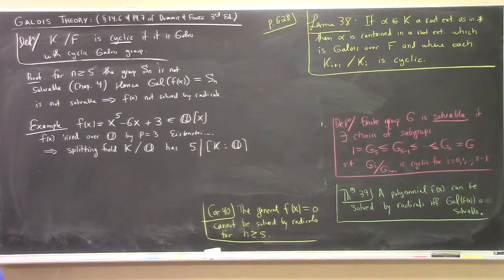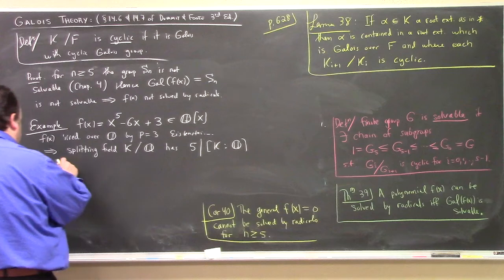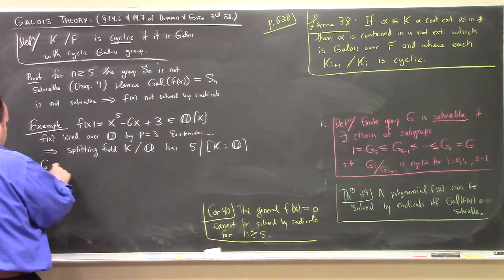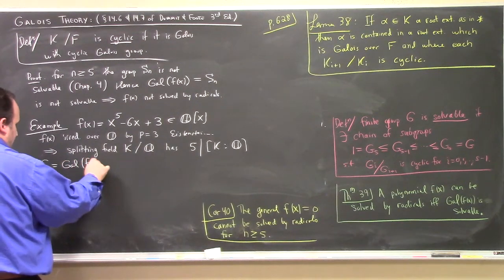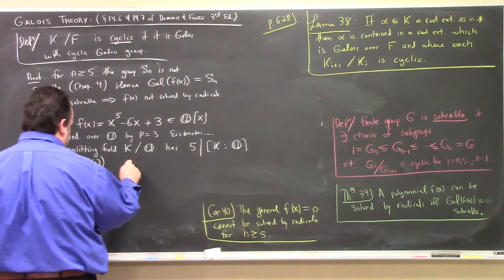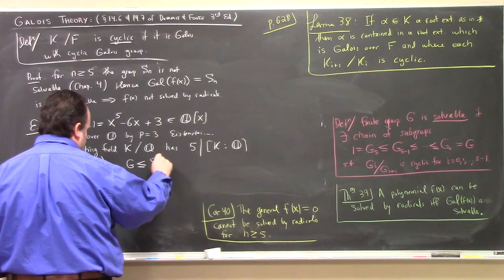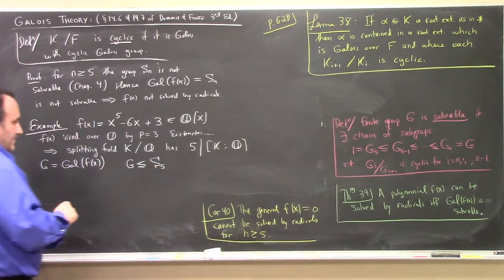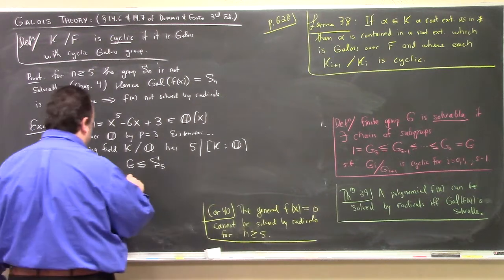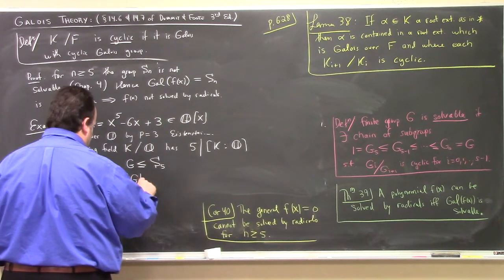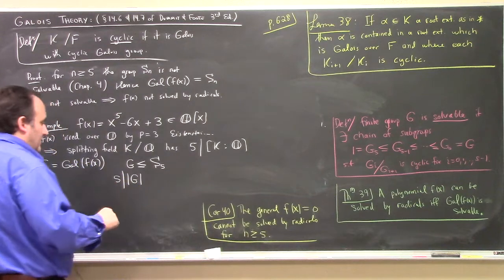He says, since adjoining one root of f of x to Q generates an extension of degree 5, the Galois group is therefore a subgroup of S5 of order divisible by 5. So let me say G is equal to the Galois group of f of x, right? So we have G is a subgroup of S5, and 5 divides the order of G, right?